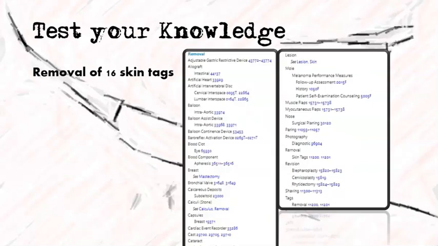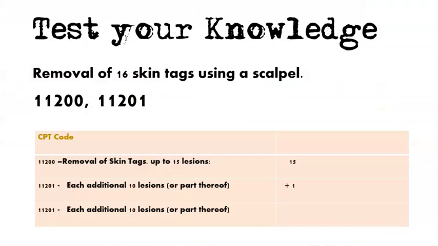After locating the main term, you will search for the subterm tags. The code range 11200 to 11201 leads you to the code selection. Remember, the phrase or part thereof means any part of the additional 10.